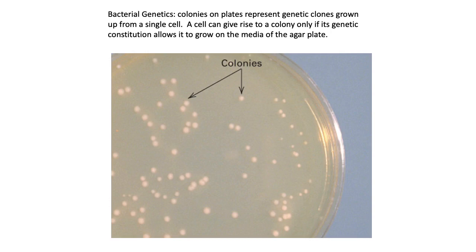Now, each individual colony could be drastically different from every other colony, but all of the bacteria within one colony are basically identical because they all are daughter cells of one original cell, however many generations later it's been. And I'm not sure why this slide is here. I meant to move that.